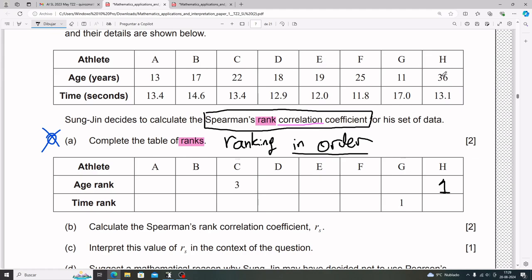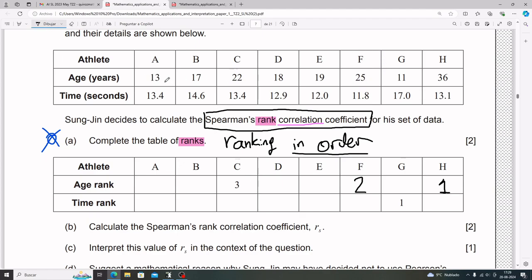Who's the next boomer? Well, if you go down, what's below 36, the next highest will probably be one of the 20s. It's going to be the 25. So athlete F on 25 is going to be the second oldest. The third oldest is going to be this 22. I already put the third one right there. So following that logic, you can finish filling in this table.